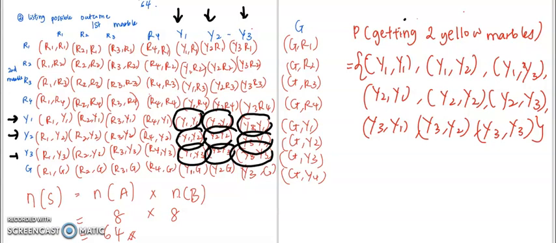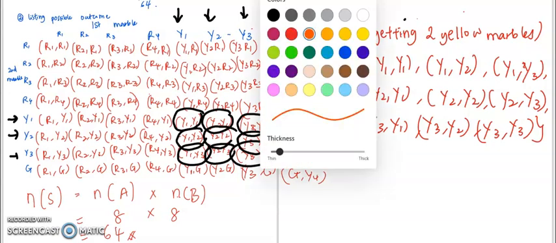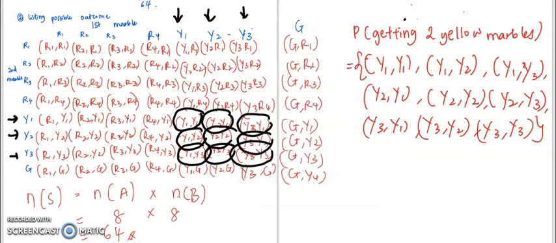Okay, so how many possible outcomes do you have here? 1, 2, 3, 4, 5, 6, 7, 8, 9.